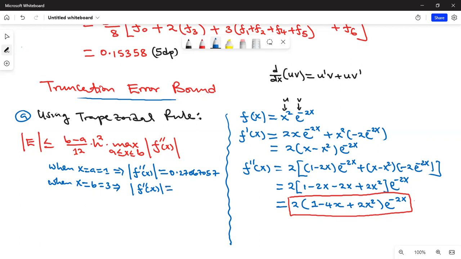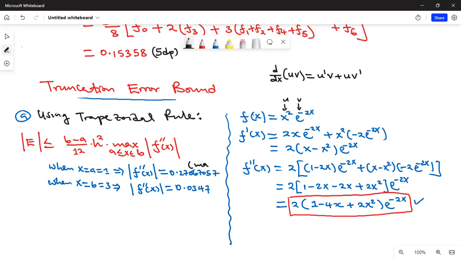If you substitute 3 here, you are going to get 0.0347. So between those two values, which is the maximum value? The maximum is 0.2706, 7057. So you can indicate here that this is the maximum.